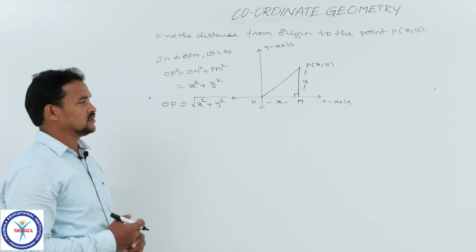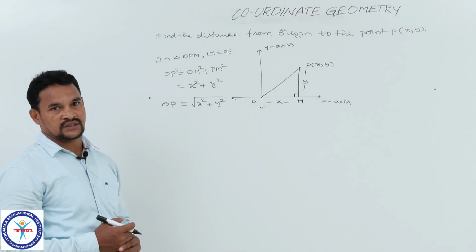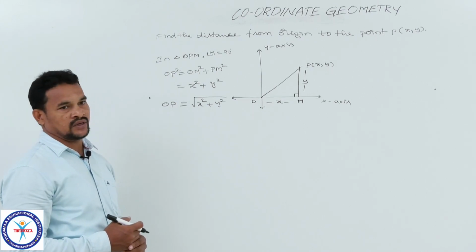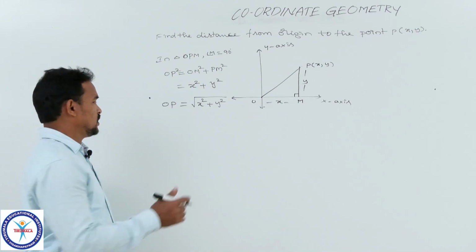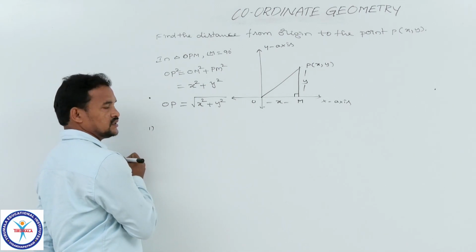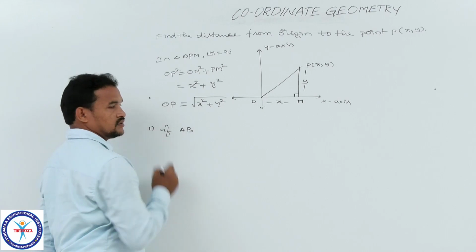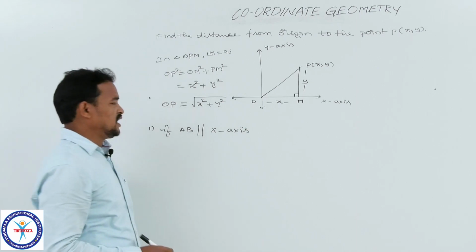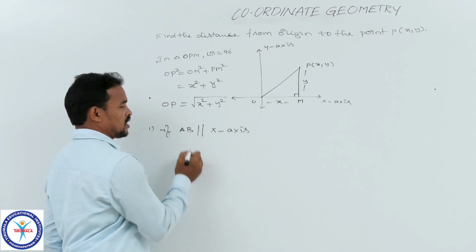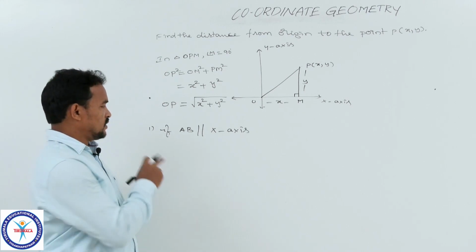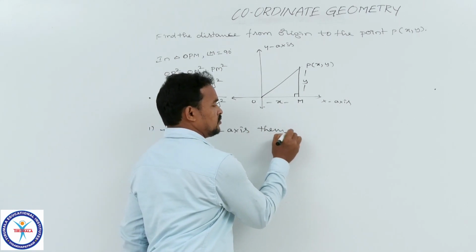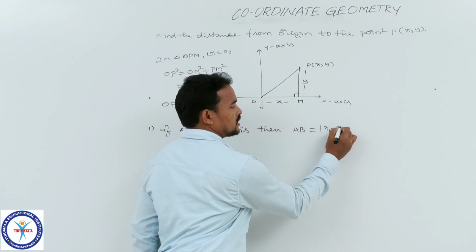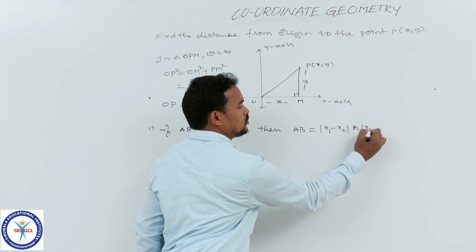Up to now what we learned, remember all these points. When you take 2 points on the coordinate axis, one is A x1 comma y1, another is B x2 comma y2. First, if AB is parallel to x-axis, the distance between them, AB equals mod x1 minus x2 or mod x2 minus x1, both are same.